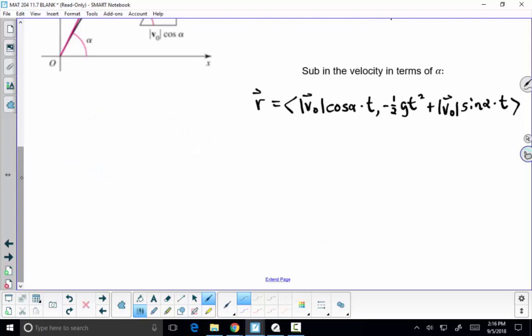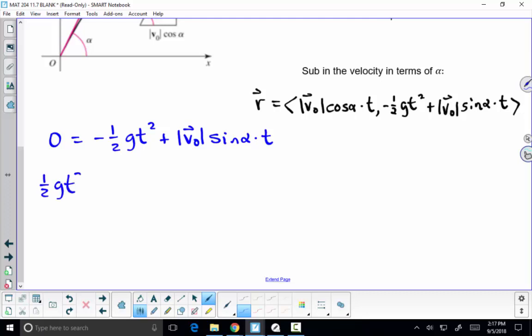All right, so let's set that y value equal to 0 to figure out when the touchdown happens. So we set this equal to 0, and then we solve for t. So we'll get 1/2 g t squared on this side, the y part.